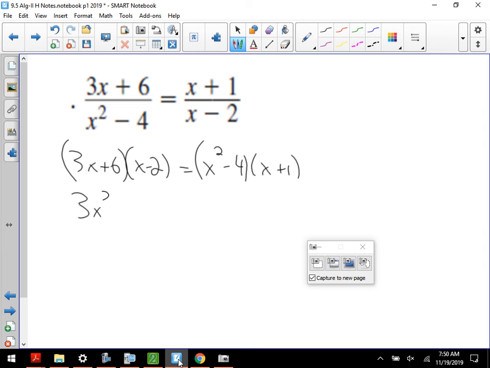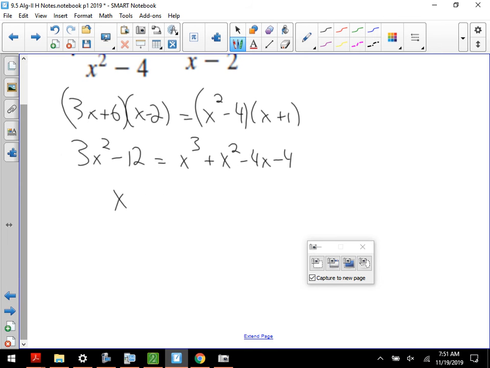So you have 3x squared minus 6x plus 6x, so that just becomes minus 12. x cubed, x squared, minus 4x, minus 4. Set it equal to 0, bring everything over. Oops, sorry. x cubed, minus 2x squared, minus 4x. Adding 12 to that gives me plus 8, I believe.